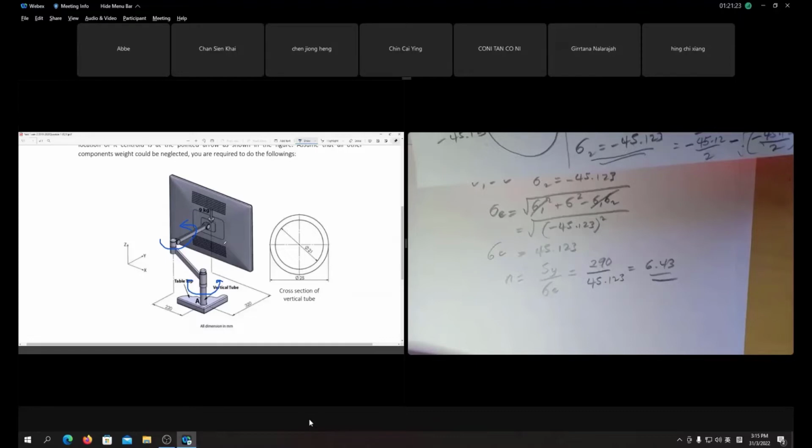Yes, you are right. Either in this direction, the arm extends like this and the monitor is like this. Sorry, my drawing is not right. This is the longest swing distance, right?